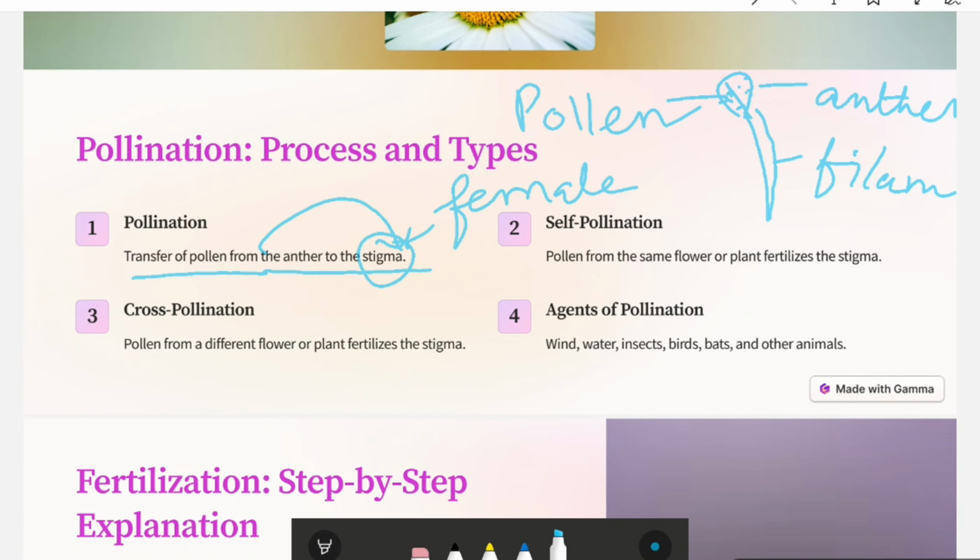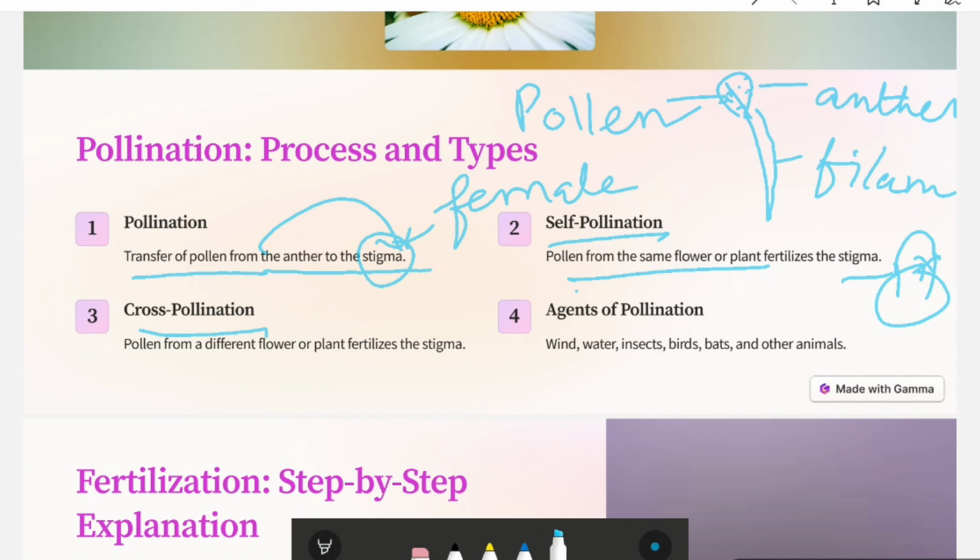Here we can see that pollination takes place in two different types. Self pollination: pollen from the same flower of the plant fertilizes the stigma. That means the pollen is transferred from anther to stigma in the same flower, in the same plant.